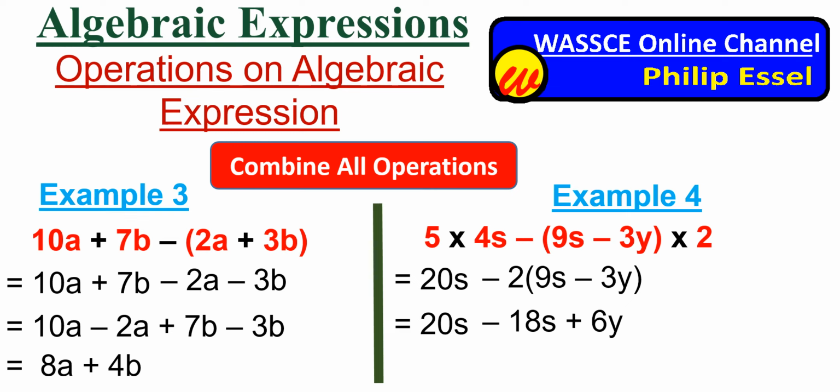So we have 20s minus 18s, that will give us 2s. Then our 6y is just 6y, so we just repeat it as positive 6y. As simple as that. Our final answer is 2s plus 6y.